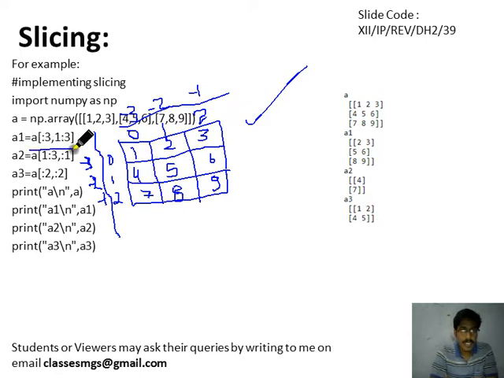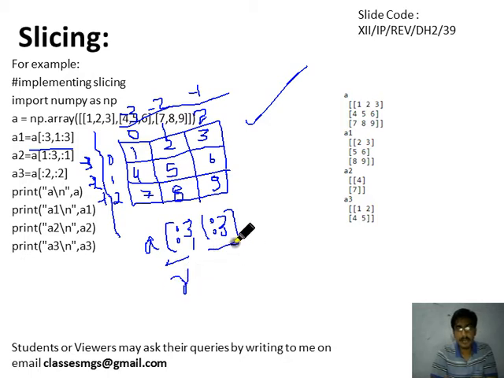Now this is asked as colon 3, comma 1 colon 3. What will be the output? First we look at the values on the left of the comma, which filter the rows, and then the values on the right side of the comma, which filter the columns. Which rows will be filtered?